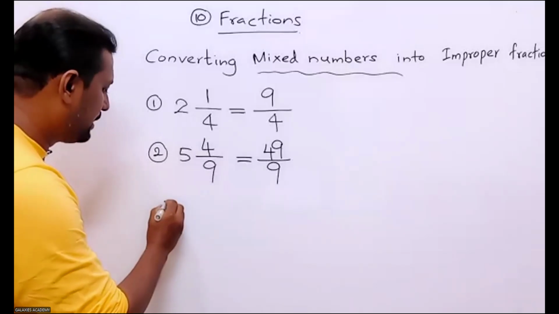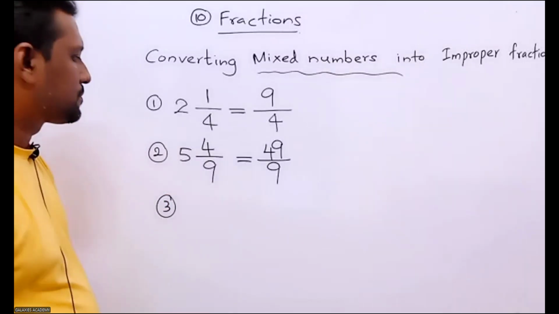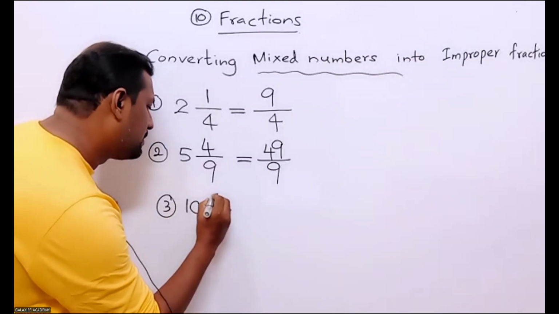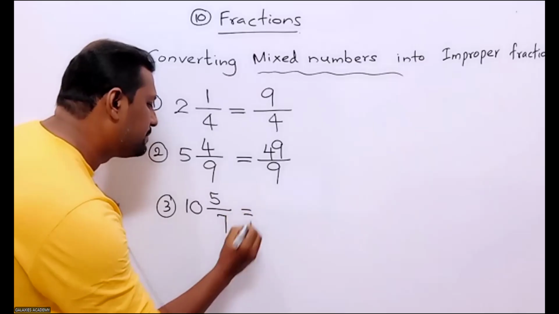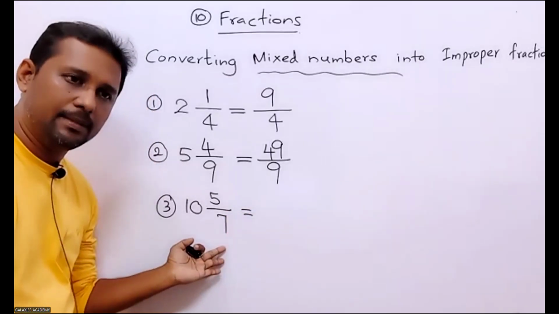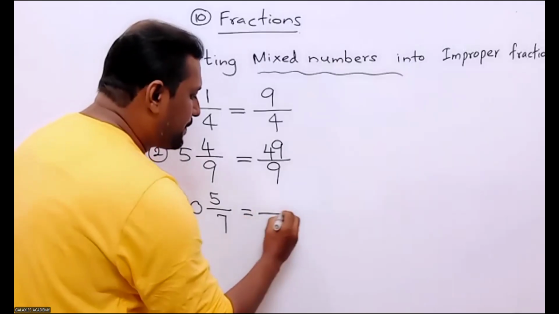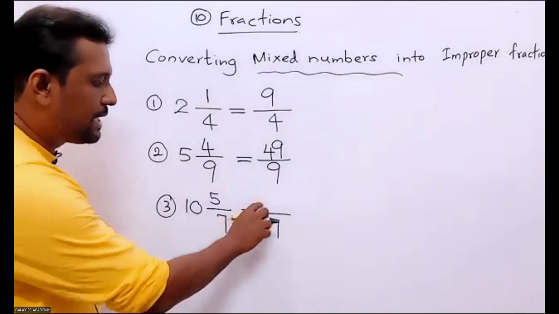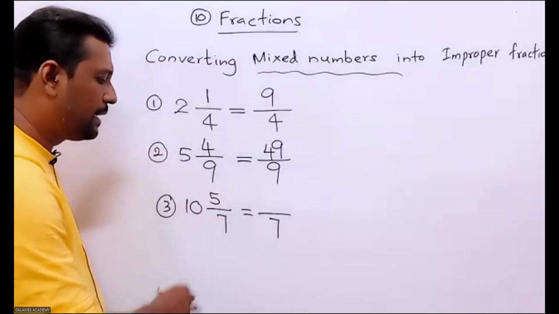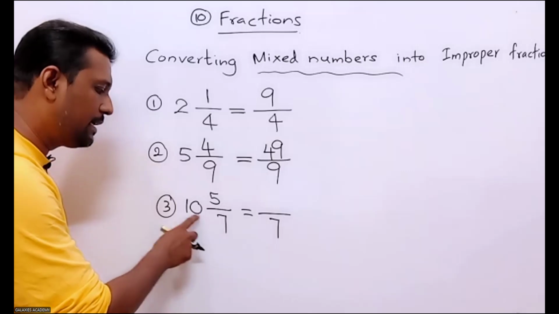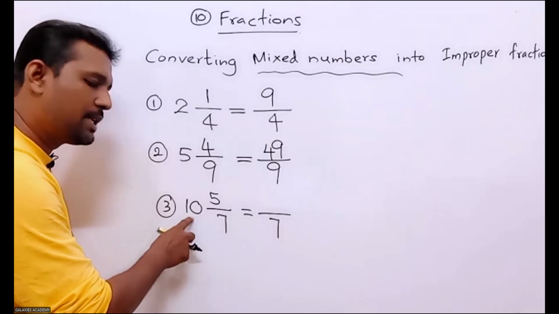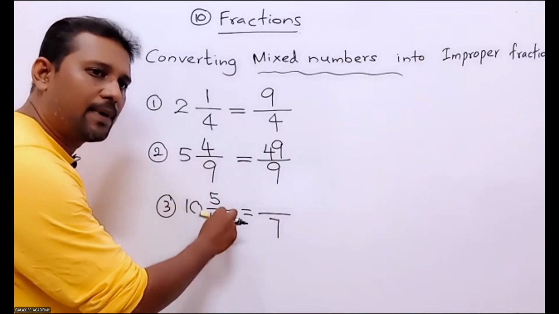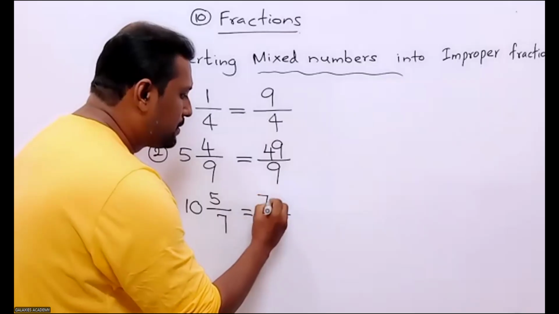Look at another example: 10, 5 over 7. The denominator is 7, so the improper fraction denominator is the same, 7. To get the numerator, first multiply the denominator and whole number: 7 times 10 is 70. Then 70 plus 5 is 75.